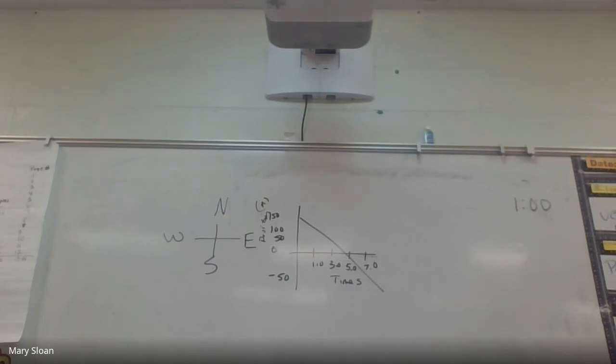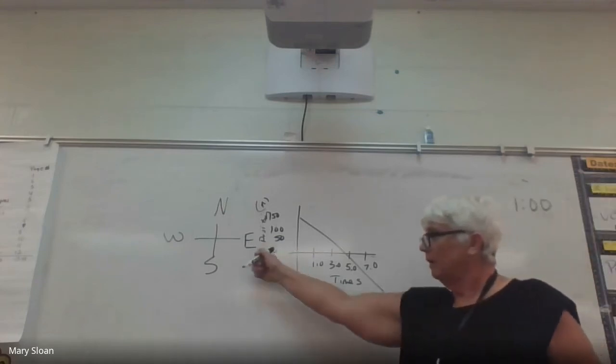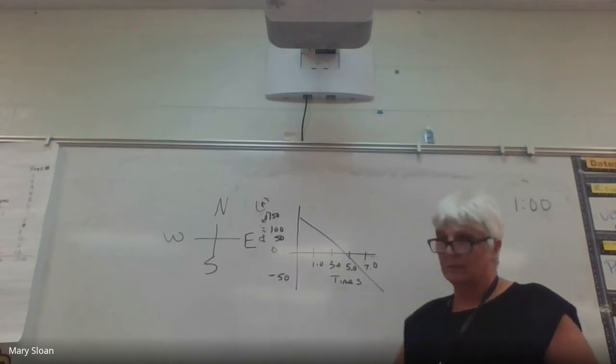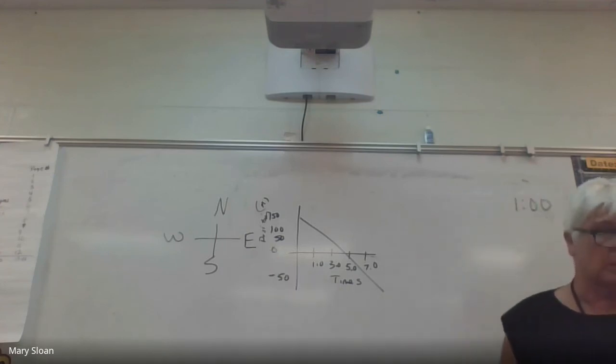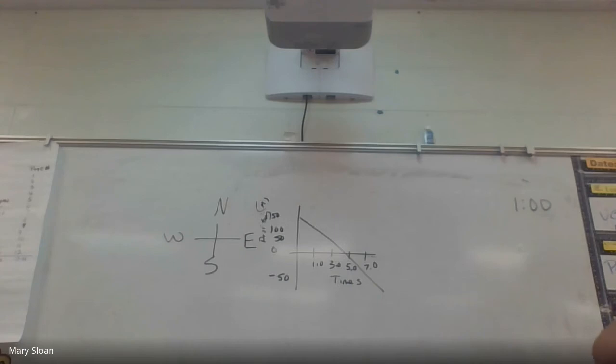So the question says, at what time was the car's position at 25 meters east of the origin? This is east, right? So what do you think we've got here? What do you think the answer to that question is?